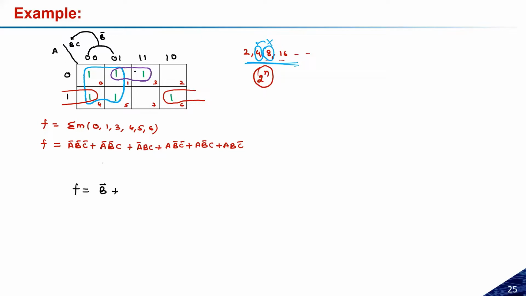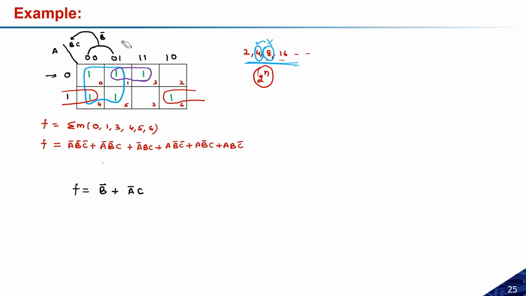Now let us talk about this purple one. If you see the purple one, A bar and A both are not covered, only A bar is here, so definitely the A bar variable will be present in the output. Now if you see these two pairs, B bar and B is considered, so B will be removed, and here C is 1, so A bar C will be the outcome of this pair.